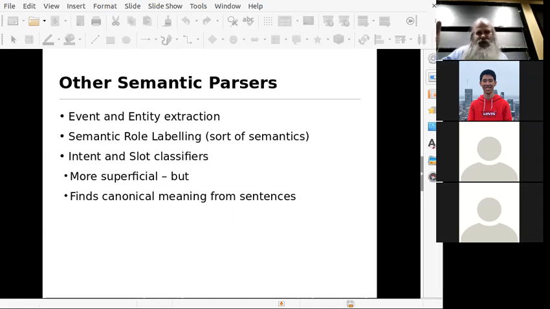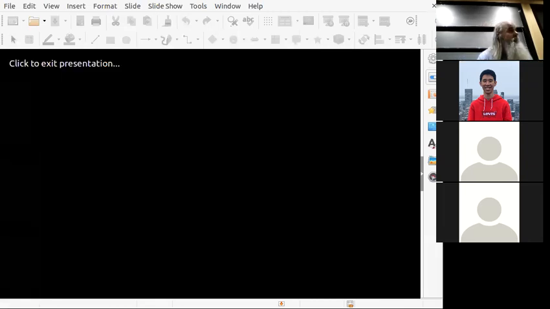We don't care how they said it, how polite or impolite, or how broken their English was. We just want the information out so we can execute what the person actually wanted. And if that's our goal, we don't always need the right semantics. We just need to give the right semantics for our downstream task. That's important to remember.